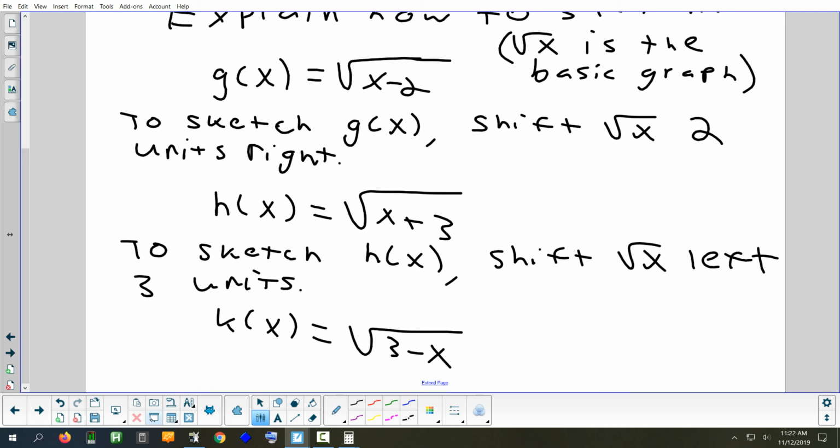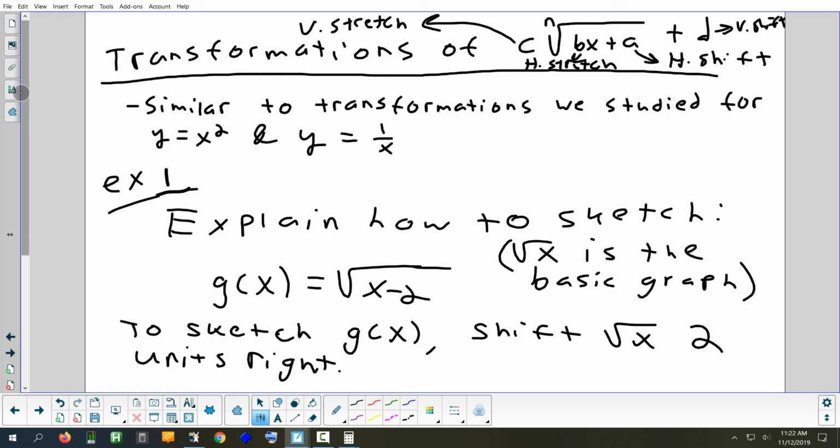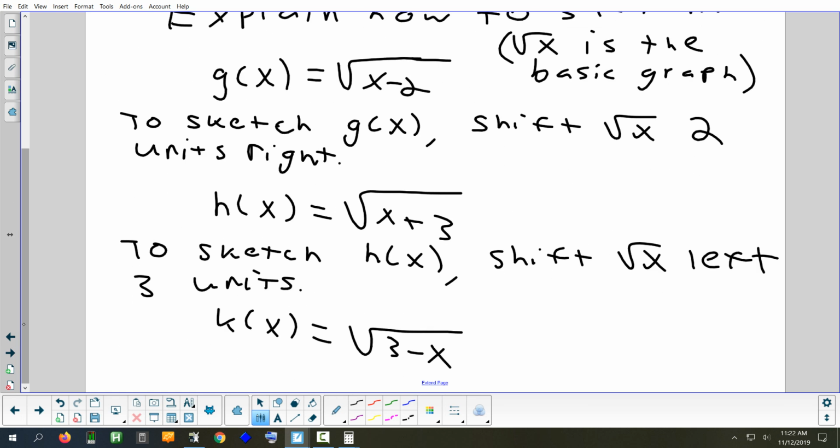That's okay, we can have negative variables. But there's something weird about how I wrote that. Oh, yeah. You have the variable after the constant. We don't normally like to write it that way. You want to write it variable, then constant under the root. So let's fix that. Square root of negative x plus 3.